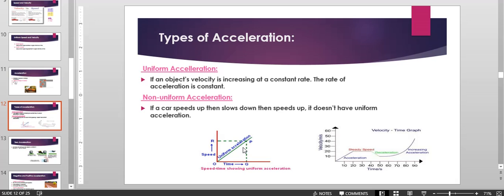Whereas non-uniform acceleration is if a car speeds up, then slows down, then speeds up. It does not have uniform acceleration, meaning at one time the speed of the body is increasing, then it has steady speed, then it undergoes deceleration, then again it undergoes increasing acceleration.